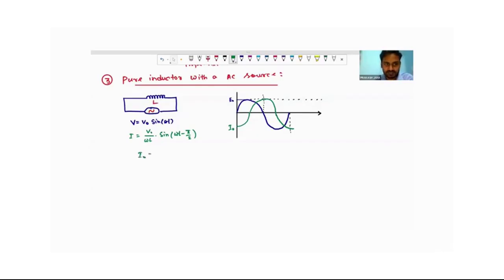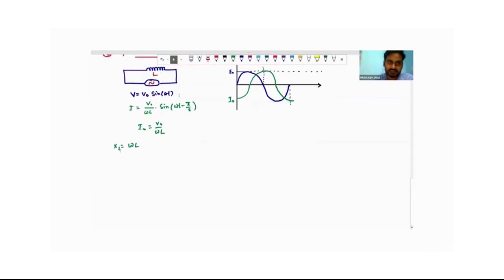What is the value of I naught? It is V naught by omega L. What is omega L? It is written as XL equals omega L. So we can plot it here with respect to time. Suppose this is time t.